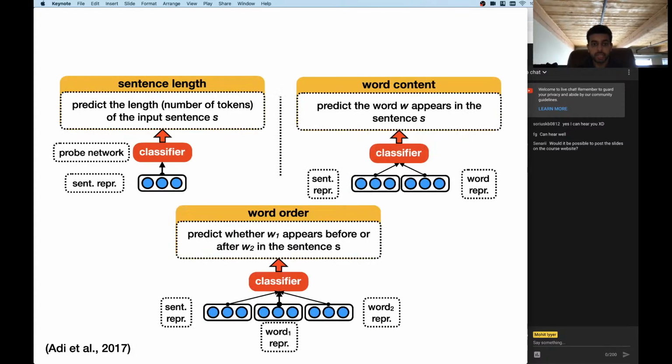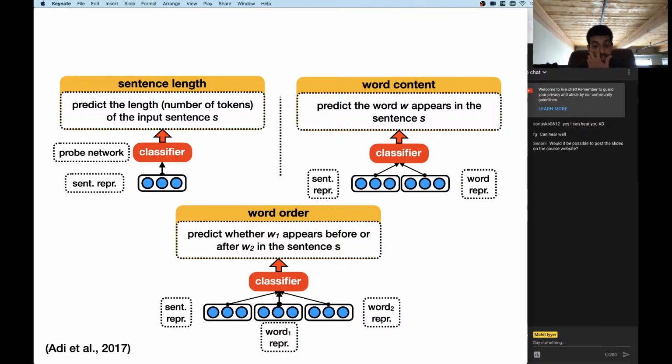Another task, these were all presented in the Adi et al. paper back in 2017, is word order. If we have a sentence and we are given two words in that sentence, can the classifier predict whether the first word occurs before or after the second word in that sentence?